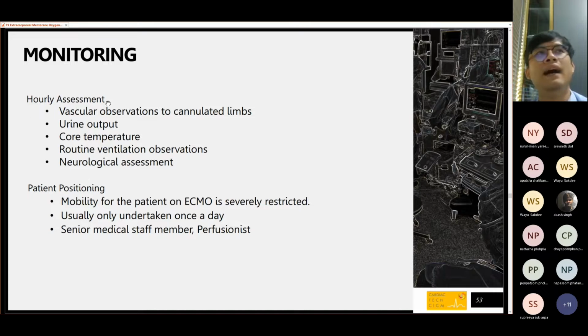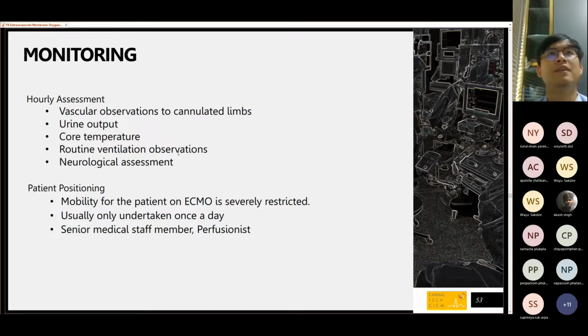We have an assessment every hour, like vascular observations, like limb perfusion. I will talk to you later about limb perfusion. Urine output to observe the perfusion, core temperature to adjust the heater-cooler and heat transfer during ECMO from the ECMO circuit.